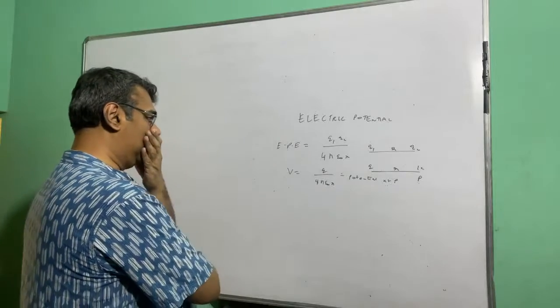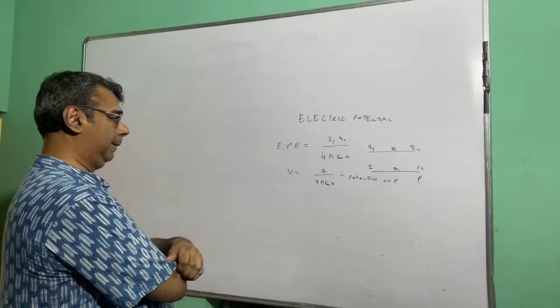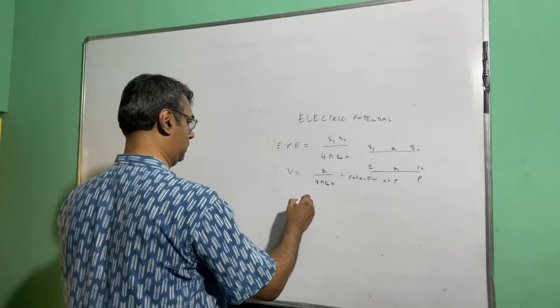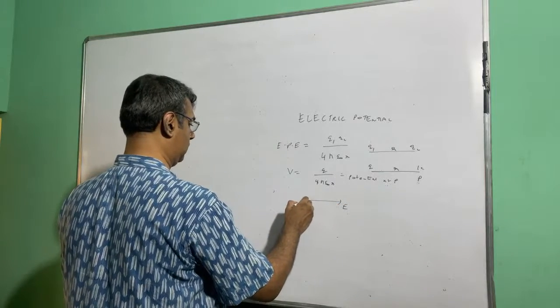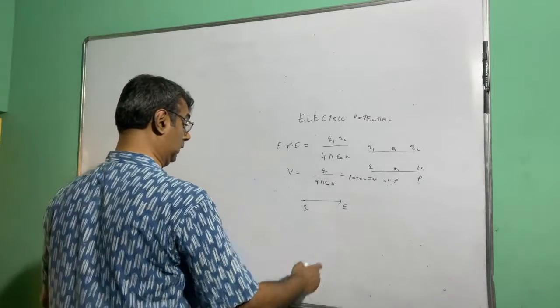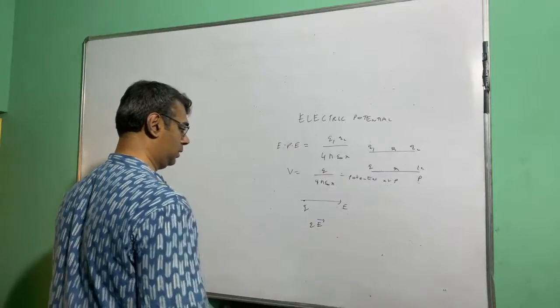Okay. Now we can say it like this also: suppose there is an electric field and you have a charge Q, and you want to displace this charge in the direction of the electric field. The force on this charge is QE.